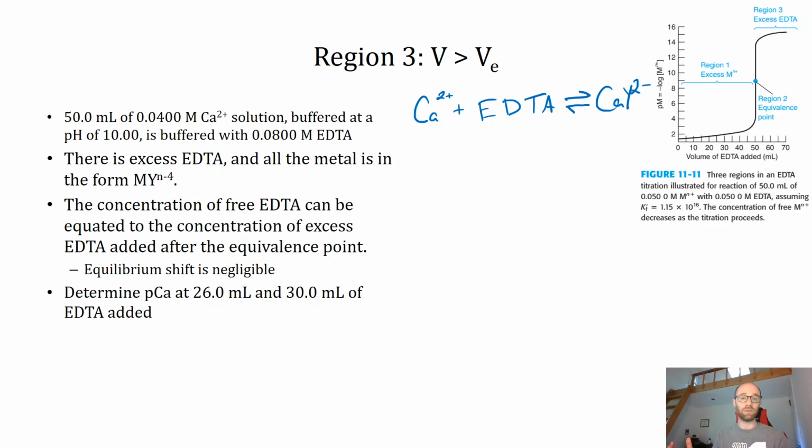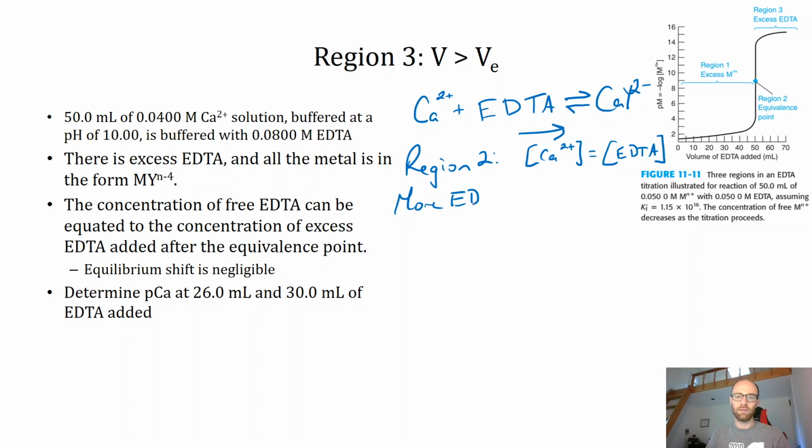And if we were at equilibrium for region 2, the amount of calcium equals the amount of EDTA. If we were to add more EDTA, you would shift right.